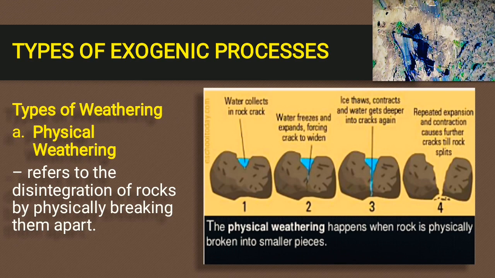Water collects in rock. Water freezes and expands, forcing rock to widen. Ice thaws, contracts, and water gets deeper into the crack again. Repeated expansion and contraction causes further cracks till the rock splits.